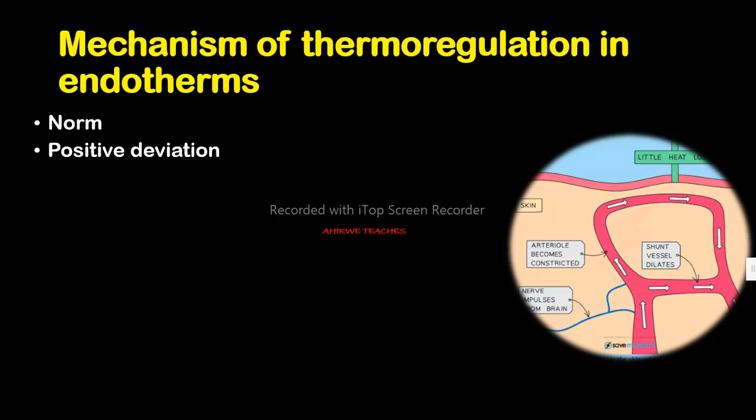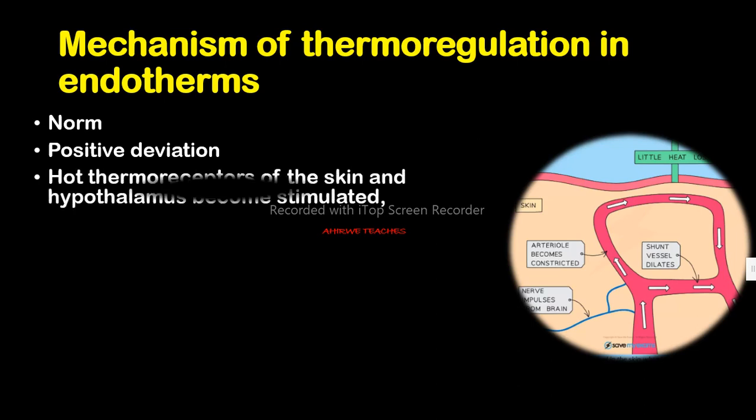Now, if temperature goes above normal, then blood that is flowing through the hypothalamus is going to flow at a temperature that is above the normal level, the reference point.